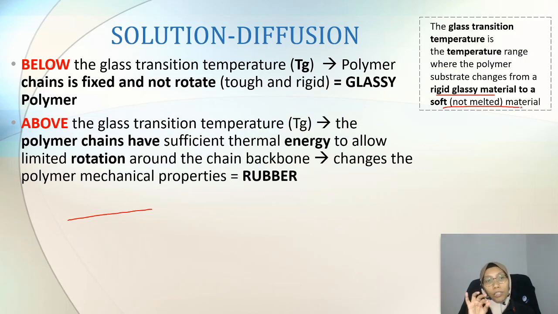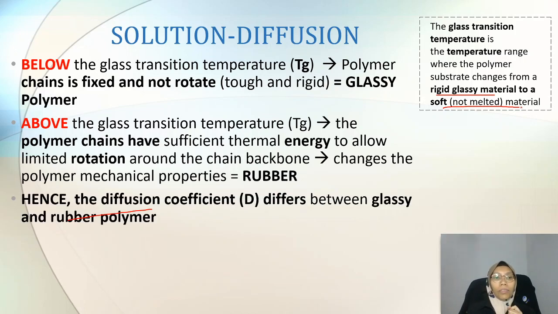However, when the temperature of the polymer is above the glass transition temperature, then the polymer is able to move because it has enough energy. This type of polymer we call a rubbery polymer. So the diffusion or mobility coefficient is different between glassy and rubbery polymers.